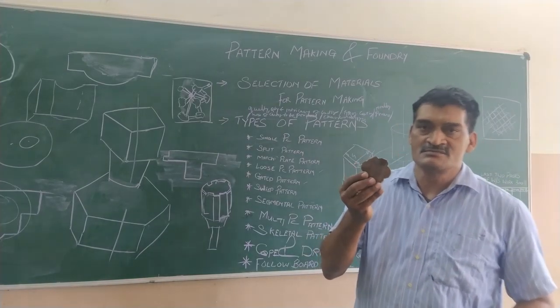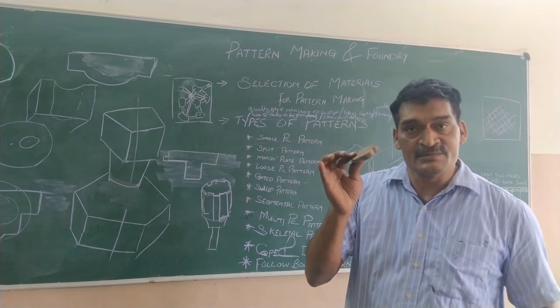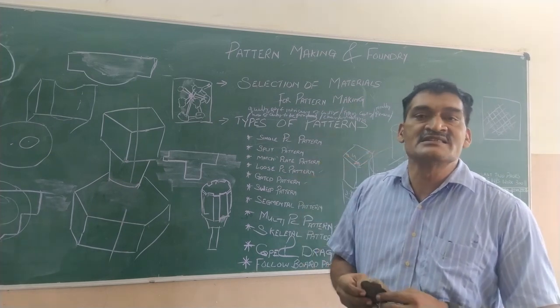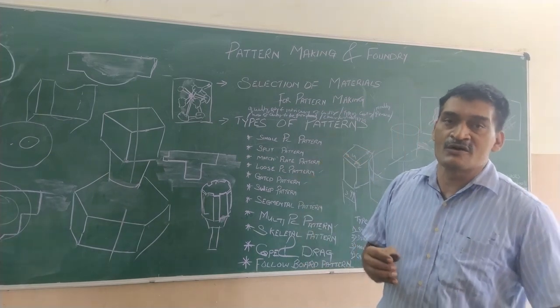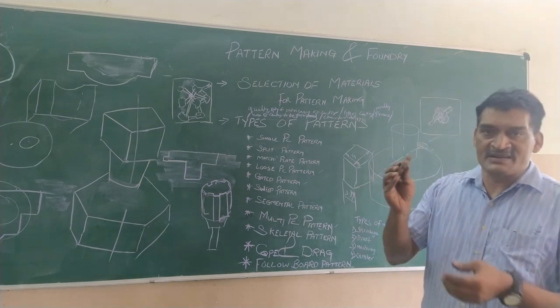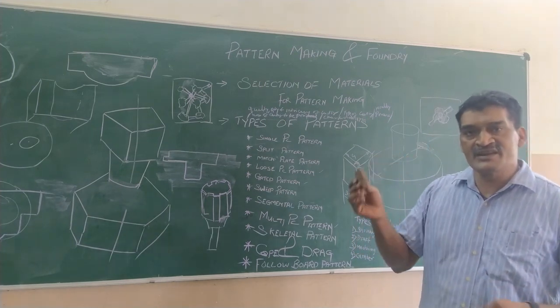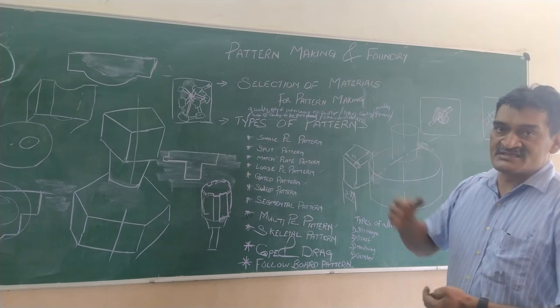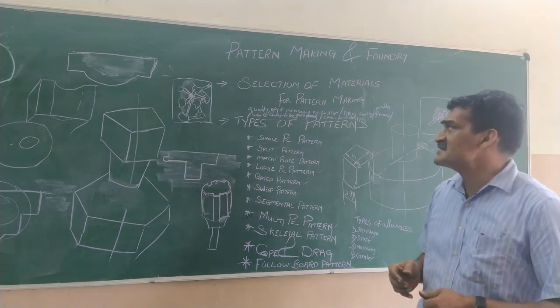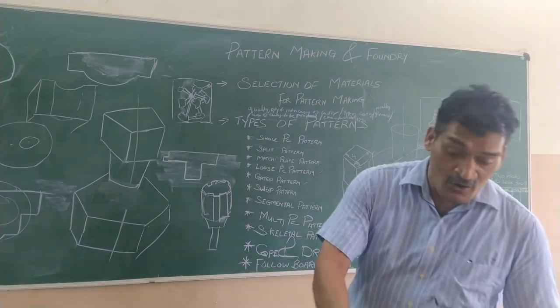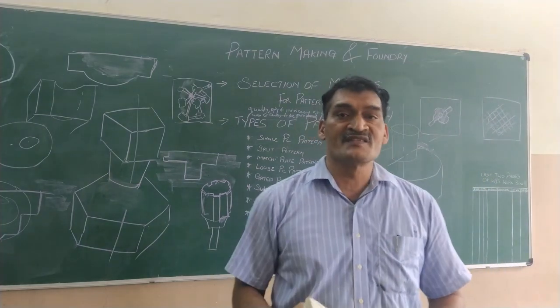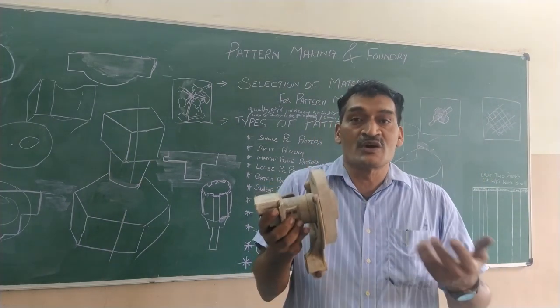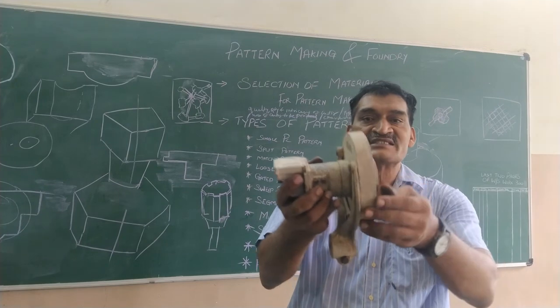For making a pattern, we select the pattern material depending on certain rules. Now, the first rule is depending on the quality of the casting. Now, what would you mean by quality? See the finish of this casting.